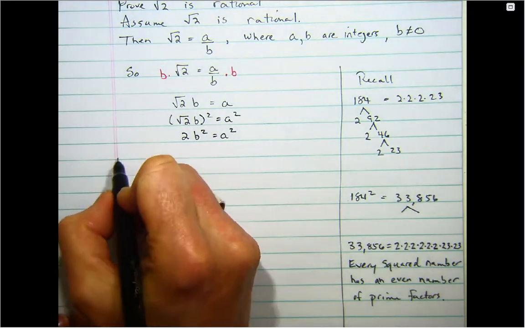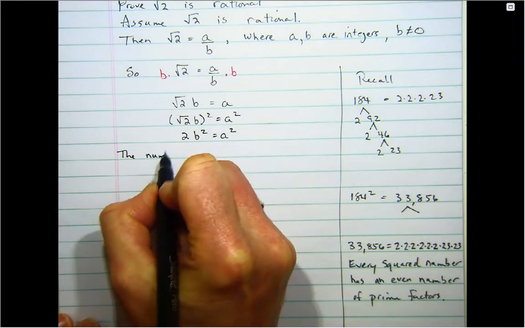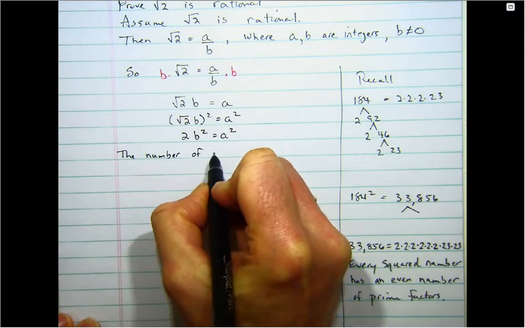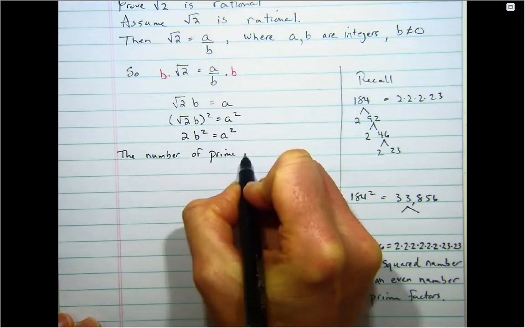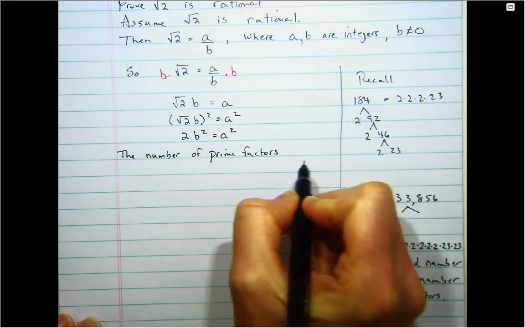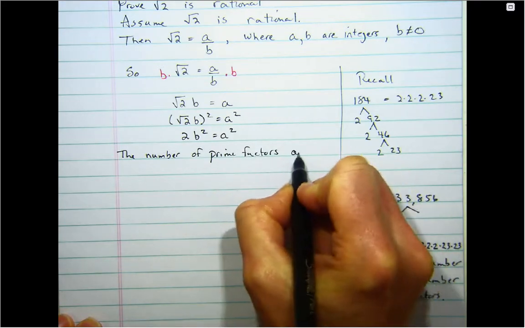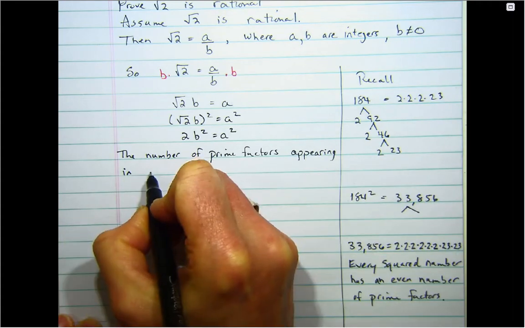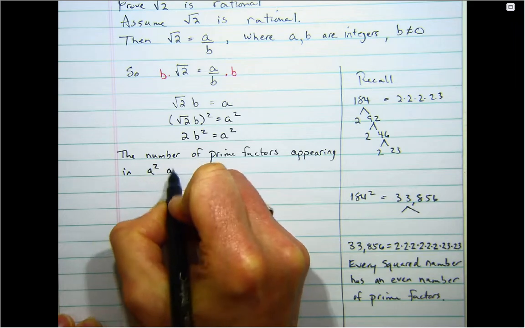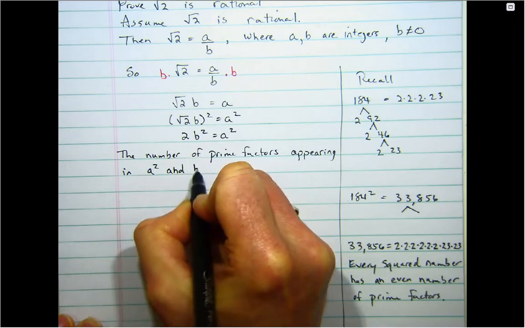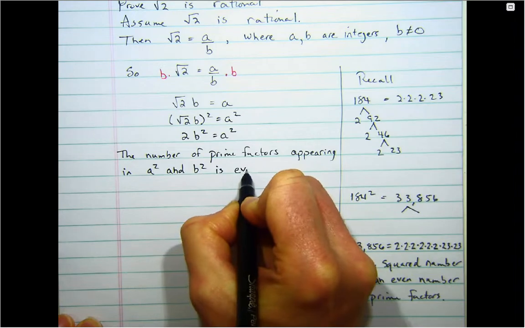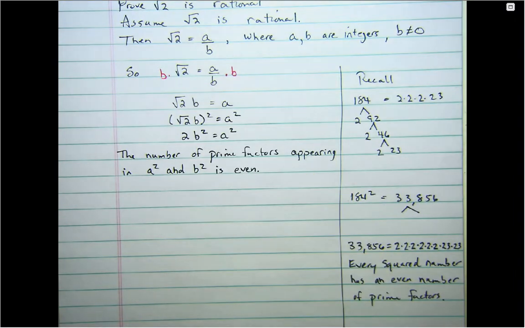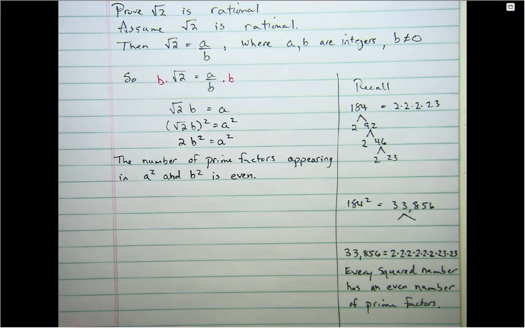The number of prime factors appearing in a squared and b squared is even.